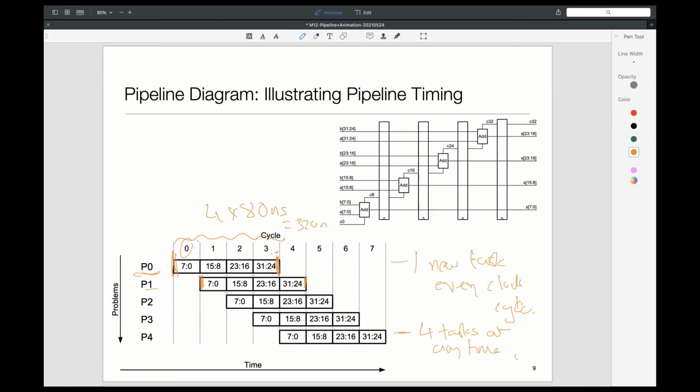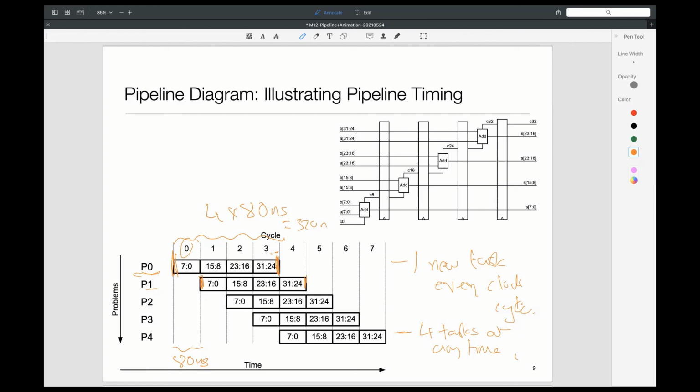So I'm able to do a new addition every 80 nanoseconds, even though any given addition takes 320 nanoseconds. Is this clear to everyone? That's what's happening with pipelining: I'm initiating a new one every clock tick, and every clock tick is 80 nanoseconds. So a new job every clock tick, but I'm taking multiple clock ticks to do a job, as opposed to a purely combinational one where I have to account for the whole job in that one clock tick.